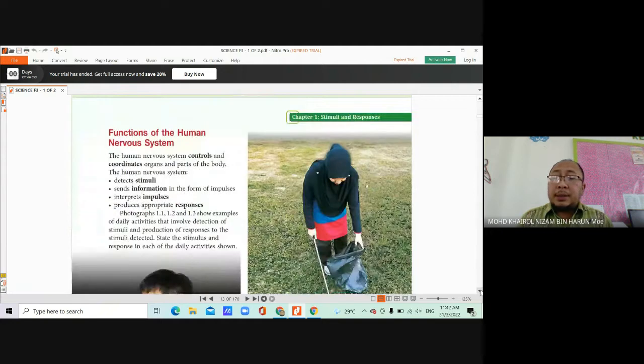Okay, and then how does this human nervous system function? It is based on controlling and coordinating the organs and parts of the body. So the pathway of the human nervous system is based on this. The first one is it will detect stimuli. This stimuli will be transferred through the information in the form of impulses.